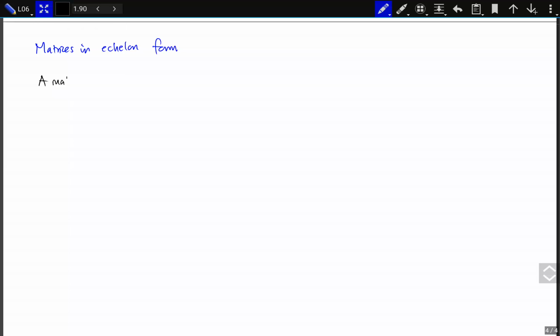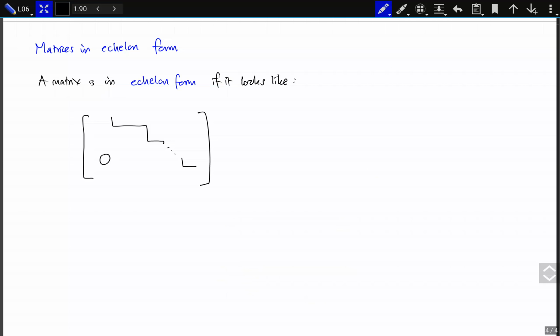A matrix is in echelon form if it looks something like this: there are bunches of zeros, and then there's this staircase. Maybe there are lots of them. And then here there's a non-zero term, and then possibly zero, but arbitrary values.